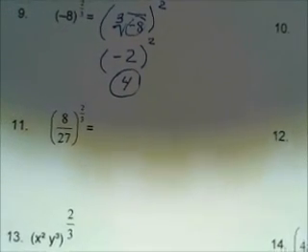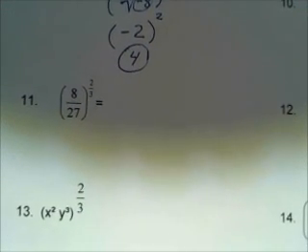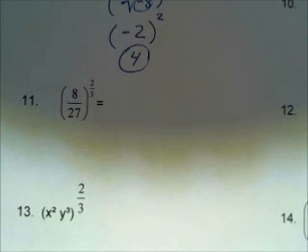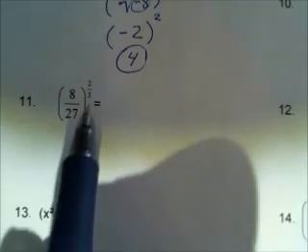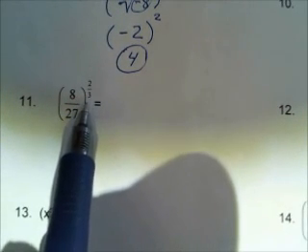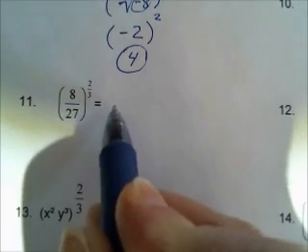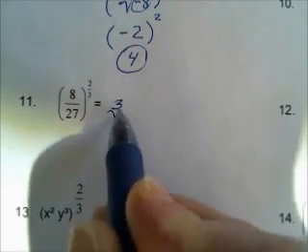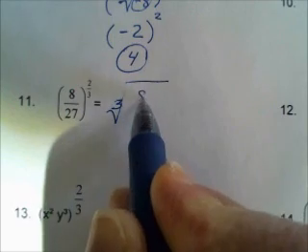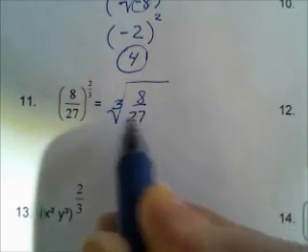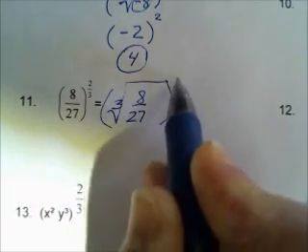Next, number 11. We have a fraction, 8/27 raised to the fractional exponent 2/3. Again, with our fractional exponent, the denominator is the root. So this is the cube root of 8/27, and then we're going to square that.